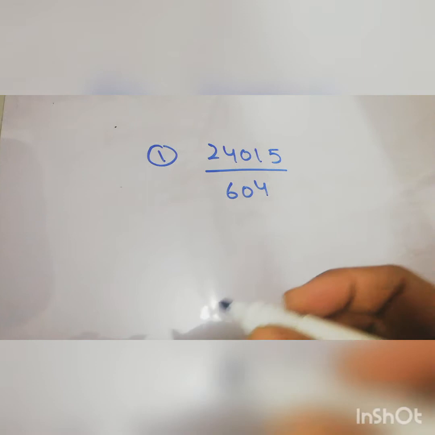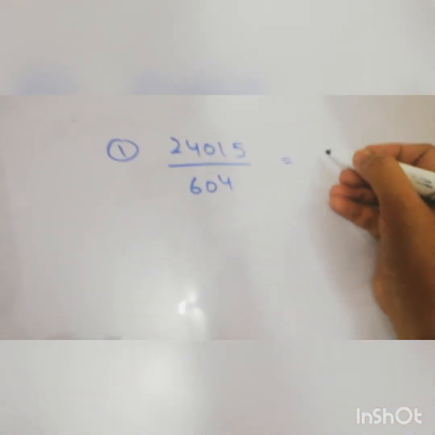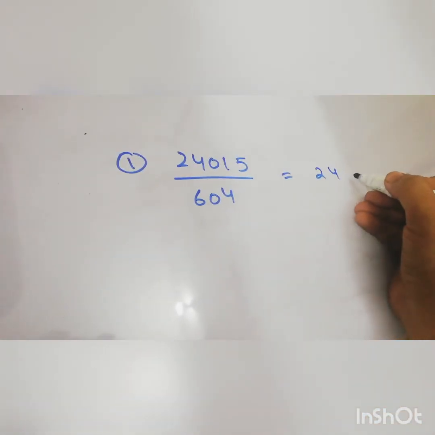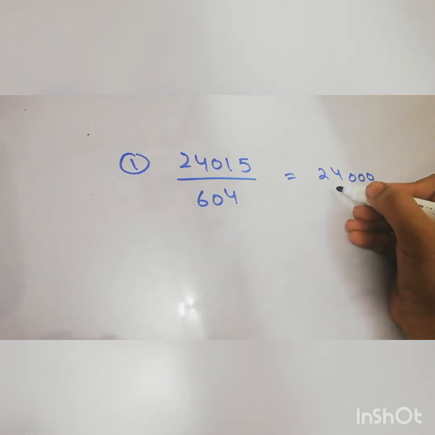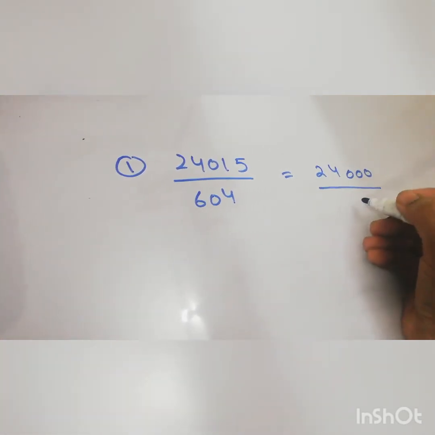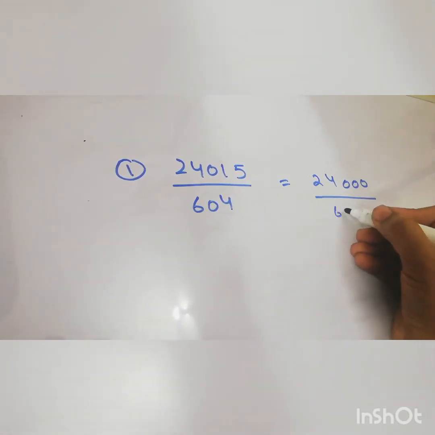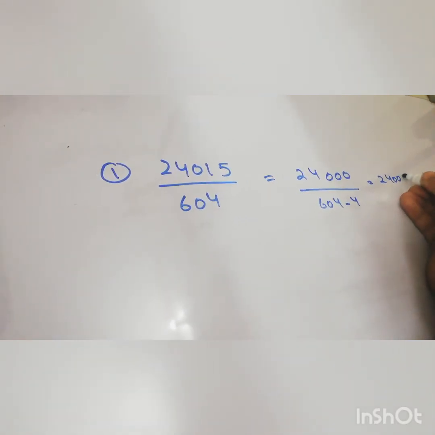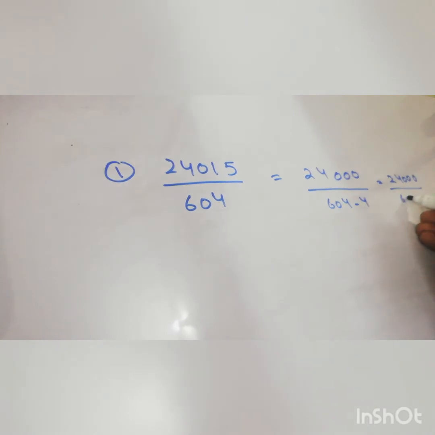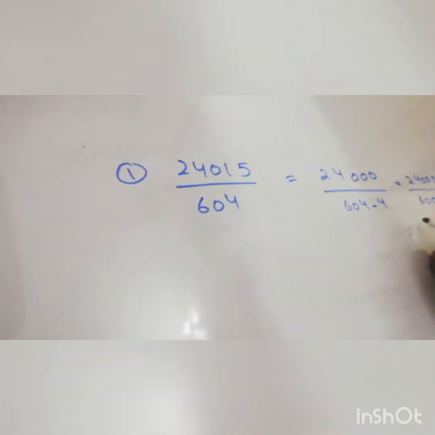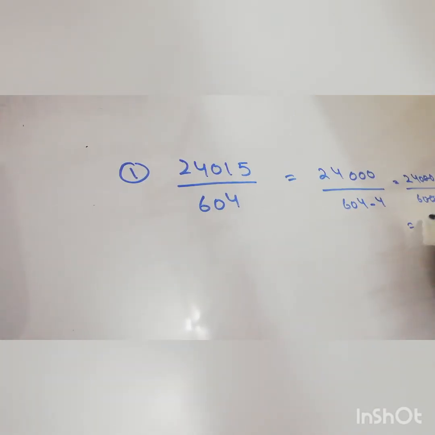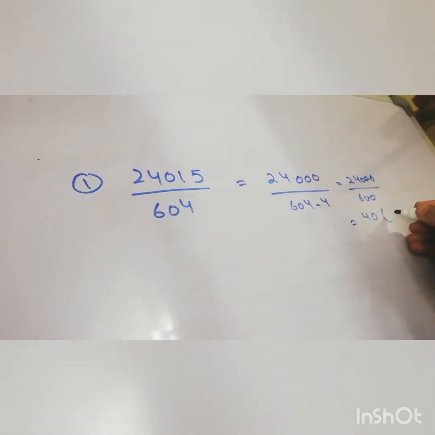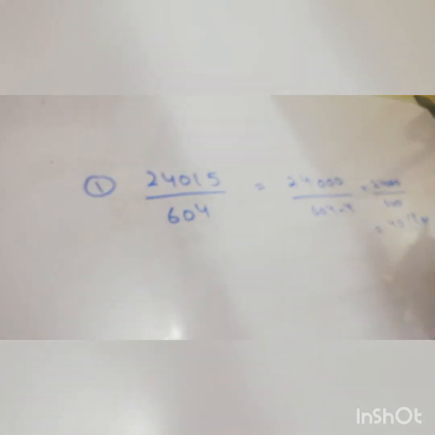So in order to make 604 into 600, I will subtract 4 from 604. So 24,000 divided by 600 will be equal to 40, which is my rough answer.